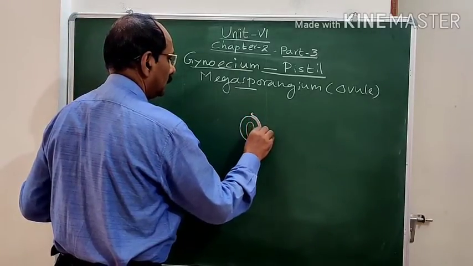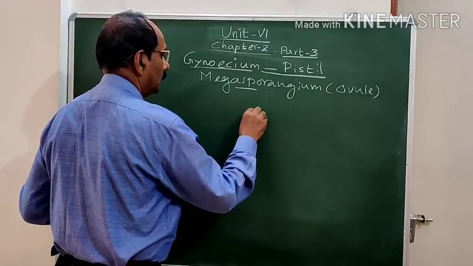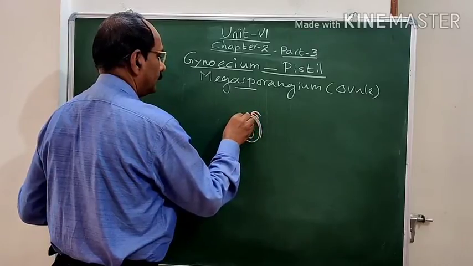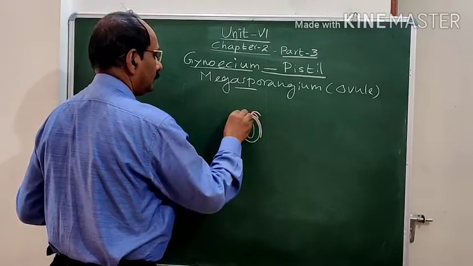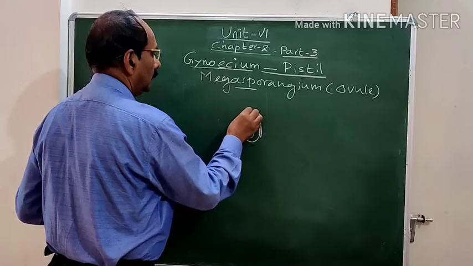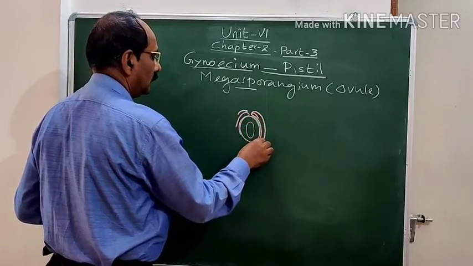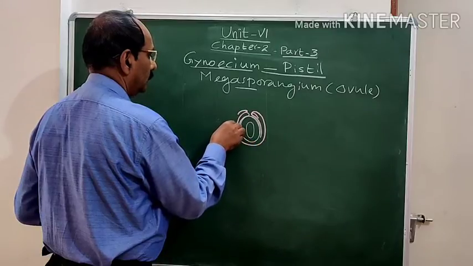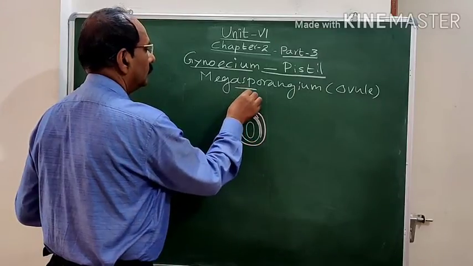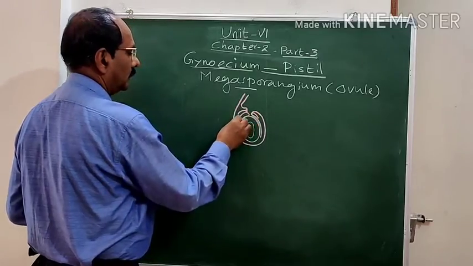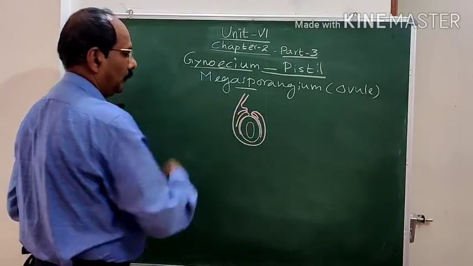See here, this is the one coat, and this is another one. There is the inner coat and outer coat. It is called the integument. So this is a typical anatropous ovule.